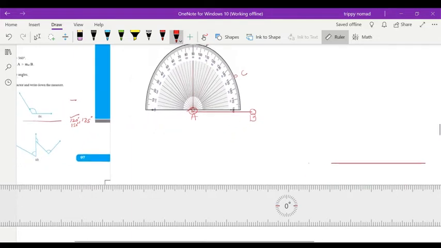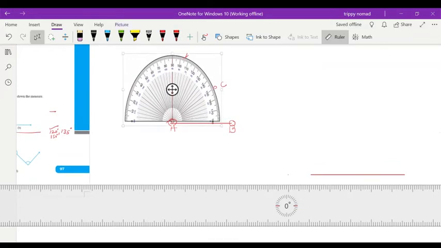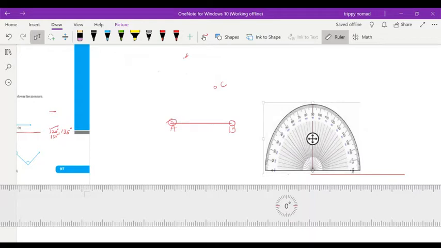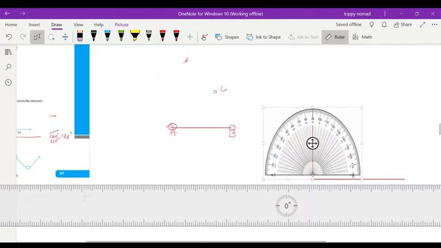Now children, you have seen that. Now I am taking this protractor here also, so you will be able to see. If you have to draw suppose 120 degrees, so I will see this number and mark here. So I hope you understood.